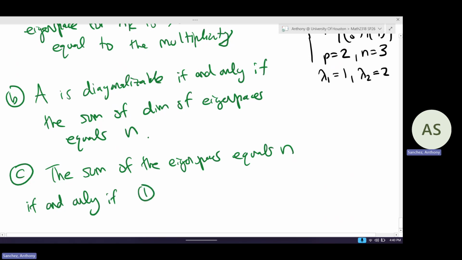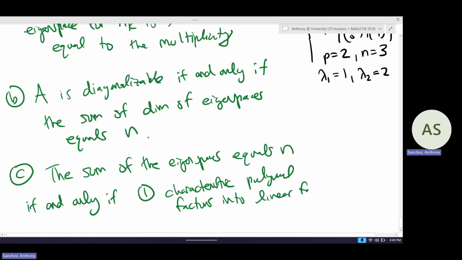One, the characteristic polynomial factors into linear factors. That is to say, you end up with distinct eigenvalues. That's all that this means.